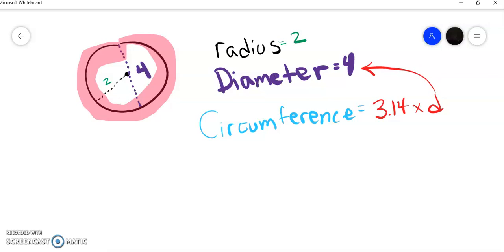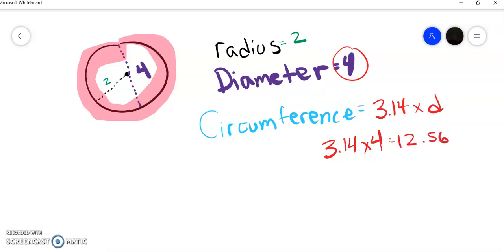So we take that line that goes all the way through the circle and multiply it by 3.14. We type in 3.14 times the diameter, which as you see here is 4. 3.14 times 4. And you should get 12.56.